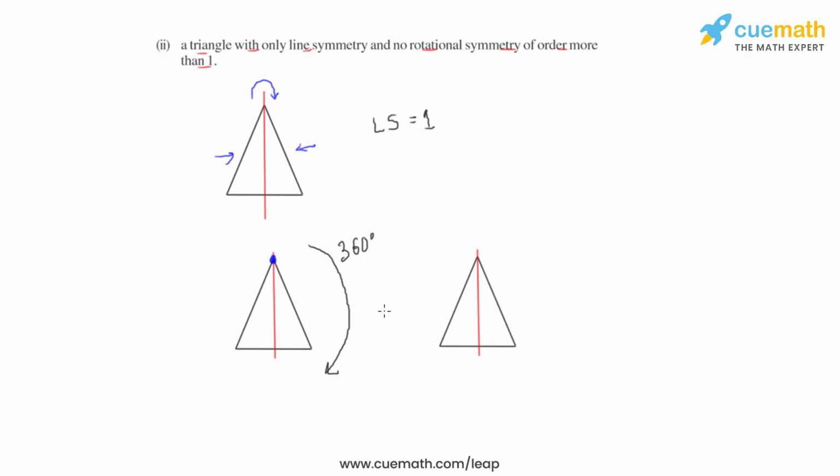And as we see the next figure, the blue dot will be at the exact same place as in the initial figure, making the order of rotational symmetry for this particular triangle to be 1.